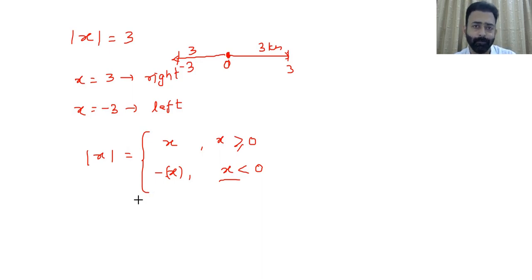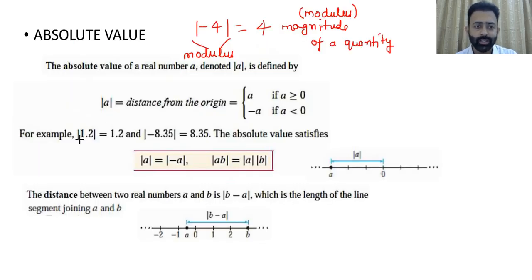Okay, so this is the formal definition of the absolute value function or the modulus function, and it basically represents the distance. For example, the magnitude of 1.2 will be 1.2 and the magnitude of -8.35 will be just positive 8.35, right? And the absolute value satisfies these properties: mod A is equal to mod of negative A, and mod of A into B you can separately take out the magnitude first.